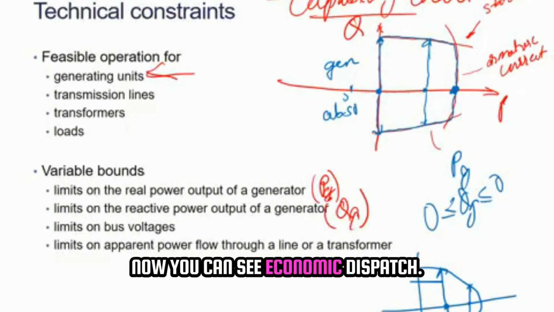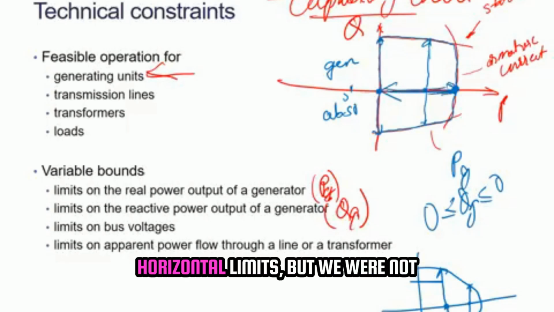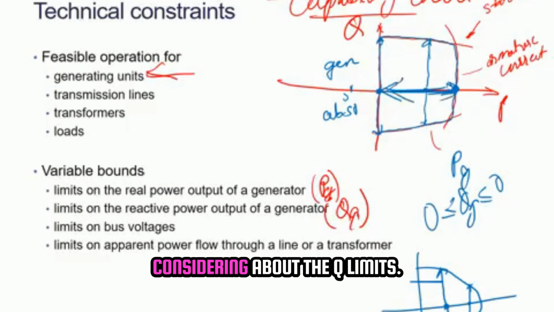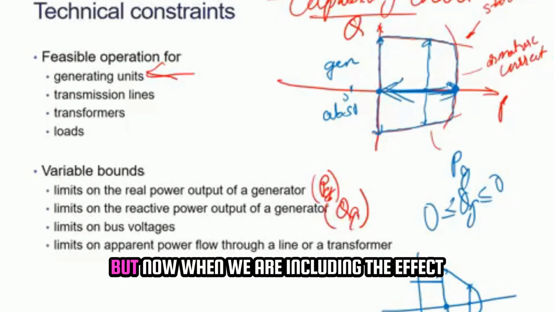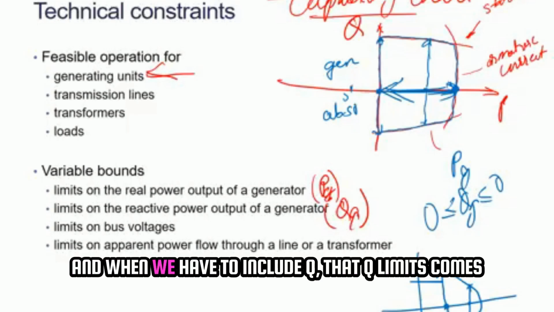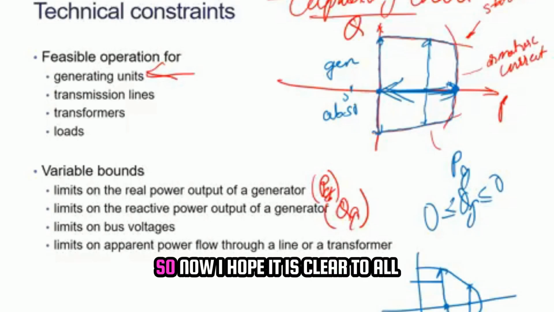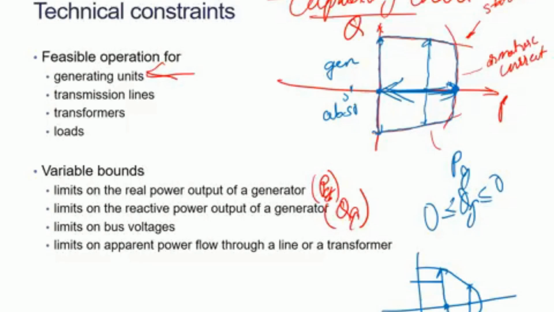In economic dispatch, we were only considering these horizontal limits, not the Q limits. But now that we are including the effect of voltages, we have to include Q for the generators, and those Q limits come from the capability curve of the generator. I hope it is clear how these Q limits come.